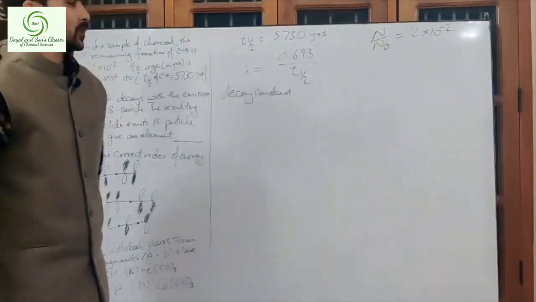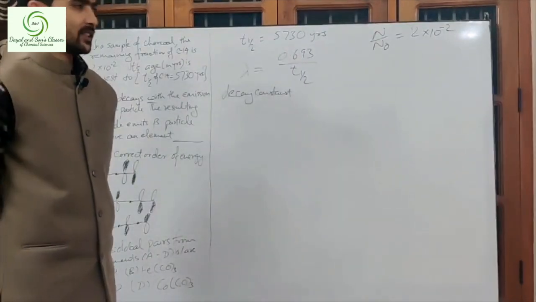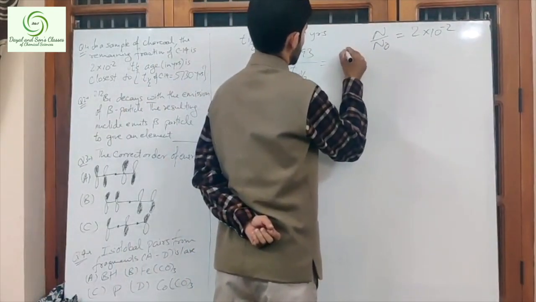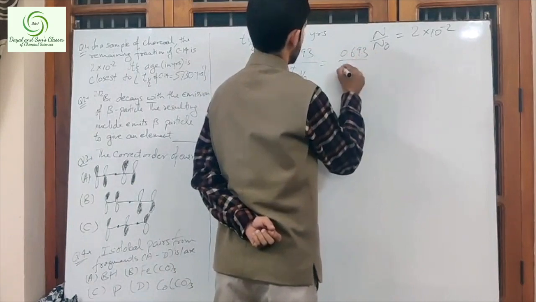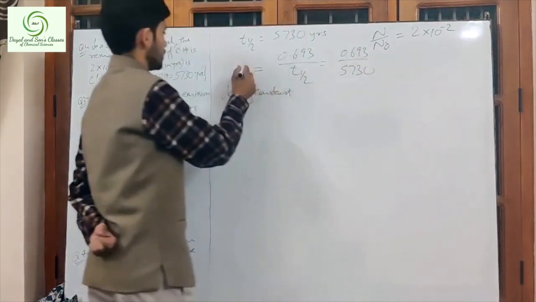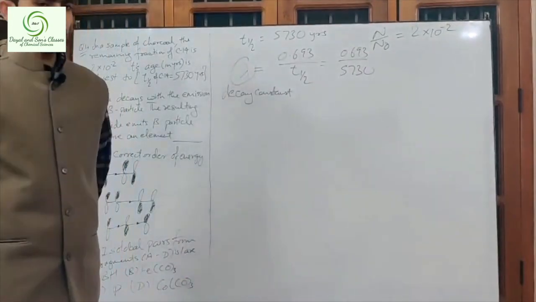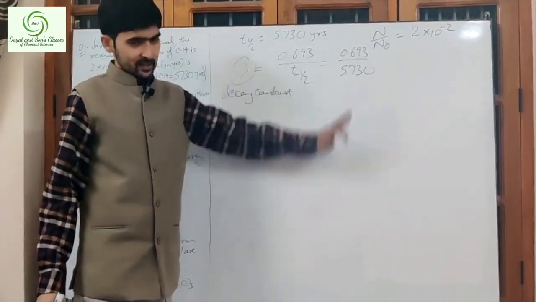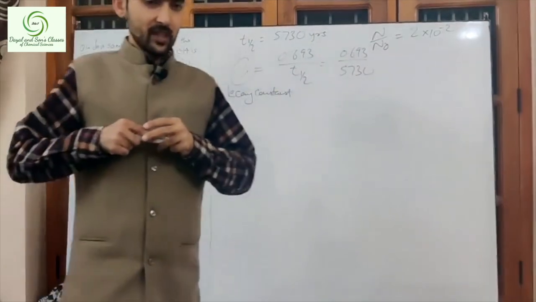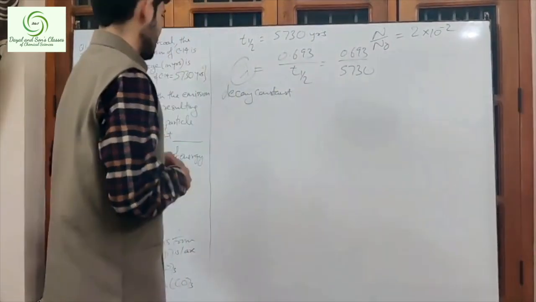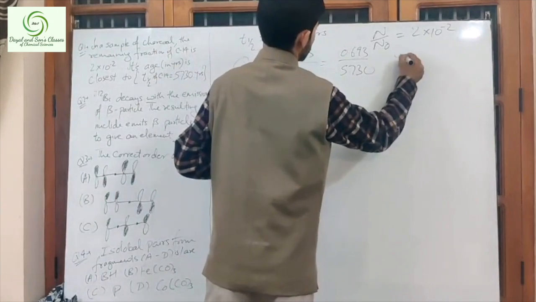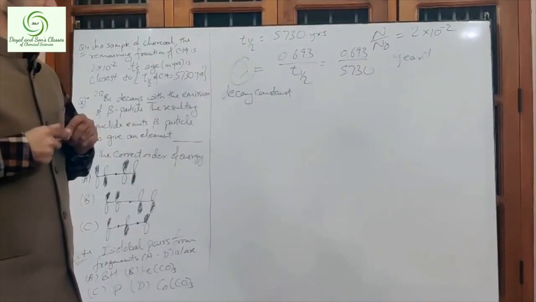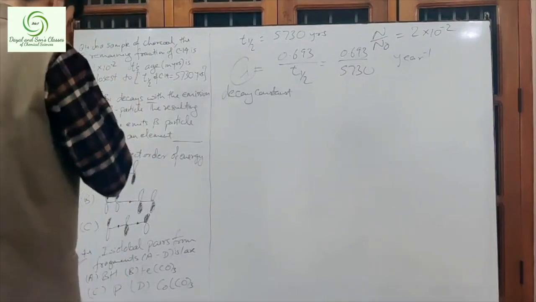Here T half given to us is 5730. So the decay constant for carbon-14 is 0.693 divided by 5730 year inverse. Alright, now let's move to the next part.